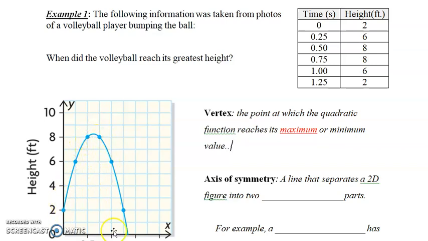This opens downward, so its maximum value will be right here. So that would be what's called the maximum. And it's a minimum when we have a quadratic that opens the other way, which we saw yesterday when it opens upward. So it takes the shape of a U.